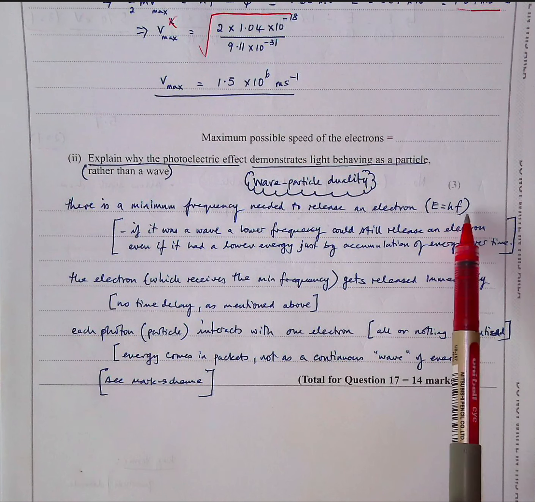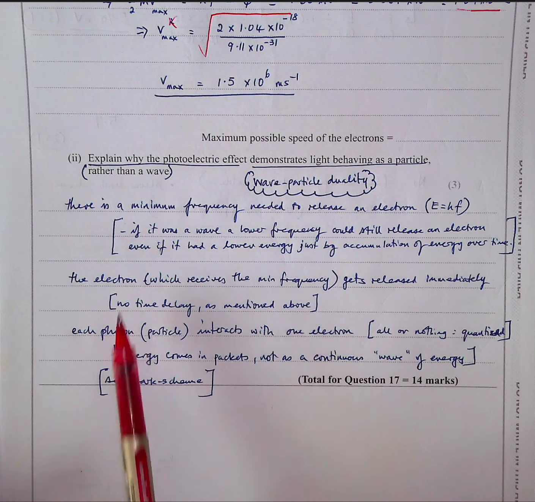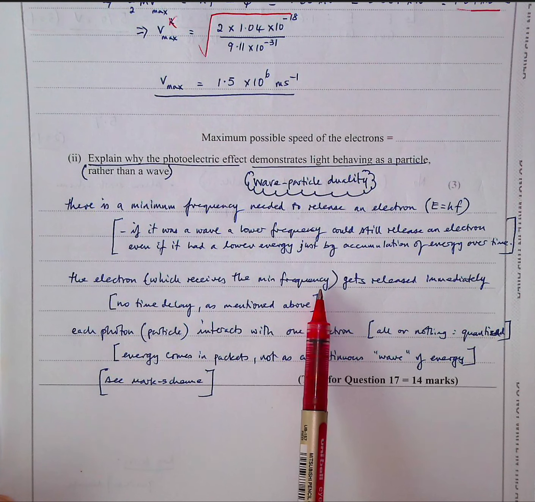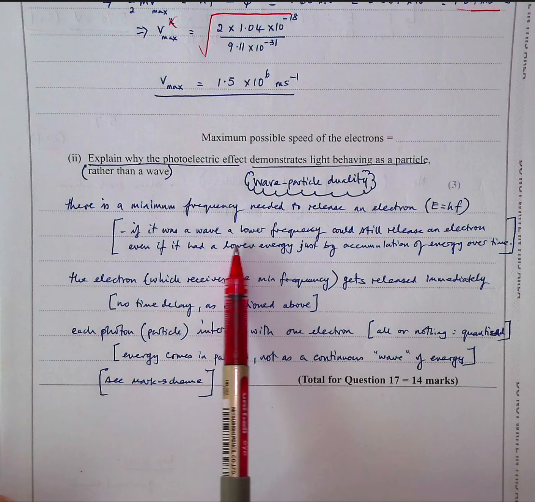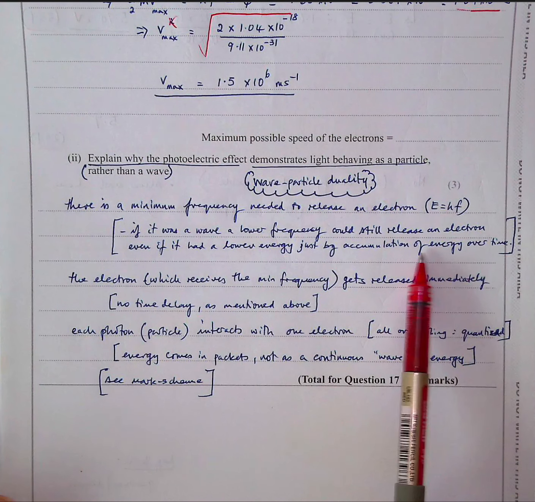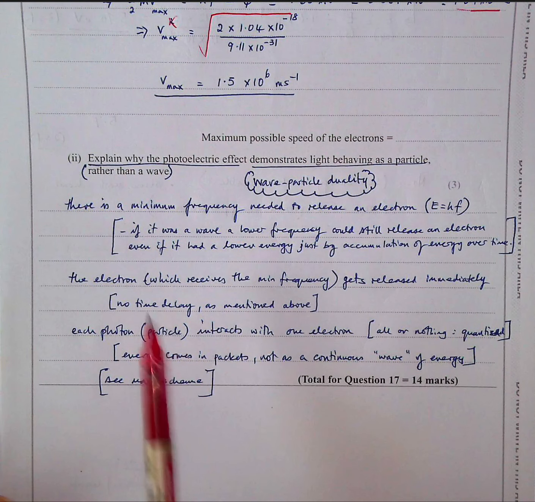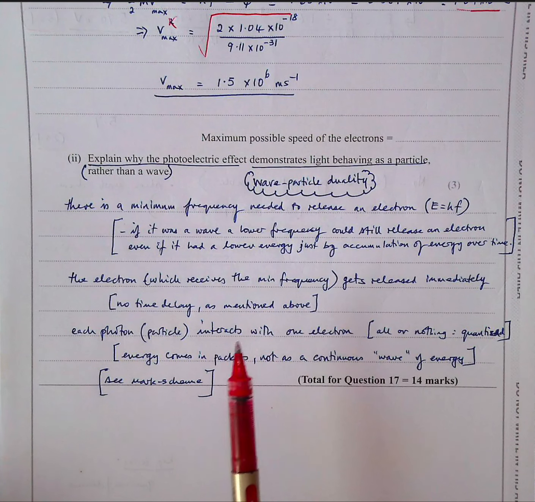So this is each packet of energy. Each frequency is a certain size. Okay. The electron, which receives the minimum frequency, gets released immediately. There is no time delay. If it was a wave, it could just wait until it built up enough energy, and then the electron would accumulate over time and it would be released. Well, that doesn't happen. It either gets released or it doesn't, and it's an immediate effect.